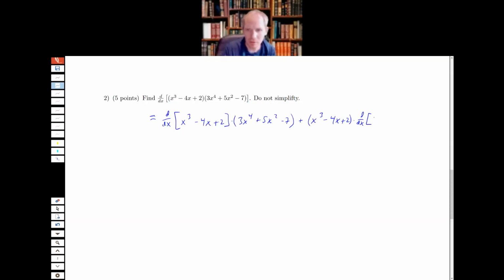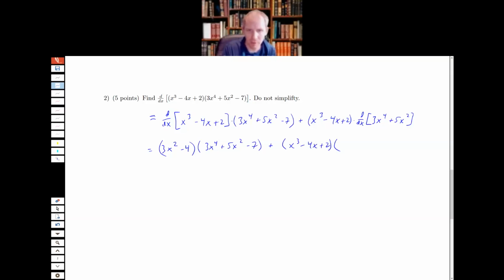Okay, so the derivative of 3x to the fourth plus 5x squared. Okay, the derivative of x cubed minus 4x plus 2 is 3x squared minus 4, and then plus 0. Okay, so then I just copy down this other stuff.